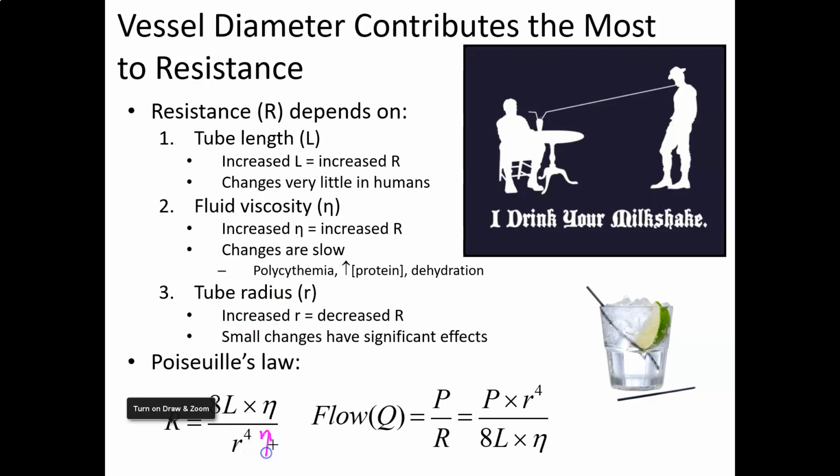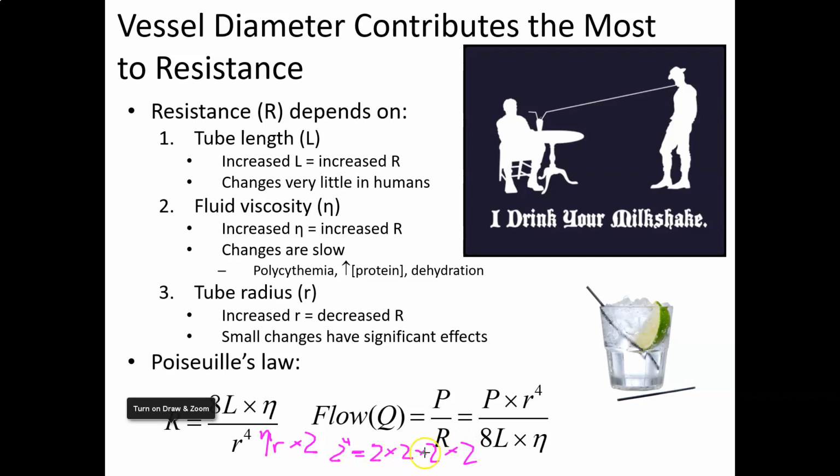If we increase small r by 2, big R would be resistance. What actually happens to resistance? Well, remember, this is raised to the fourth power. So this would be 2 to the fourth power, which would be equal to 2 times 2 times 2 times 2.